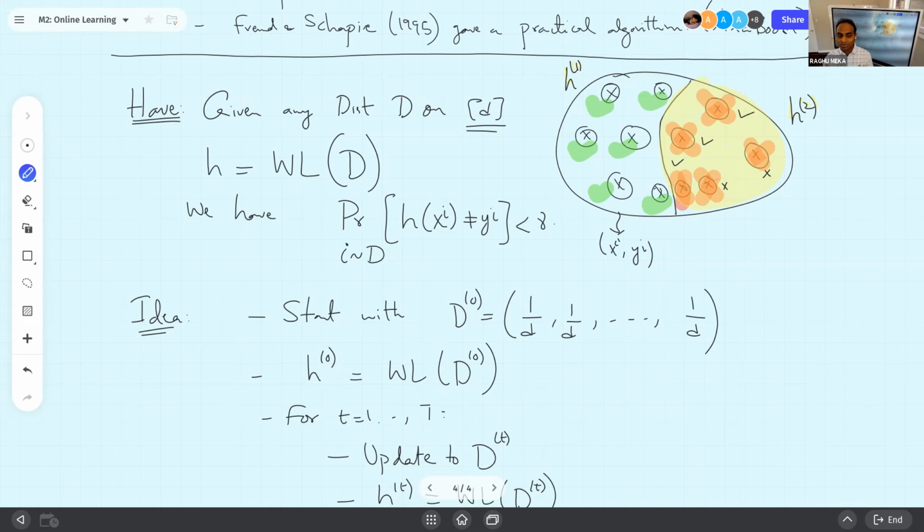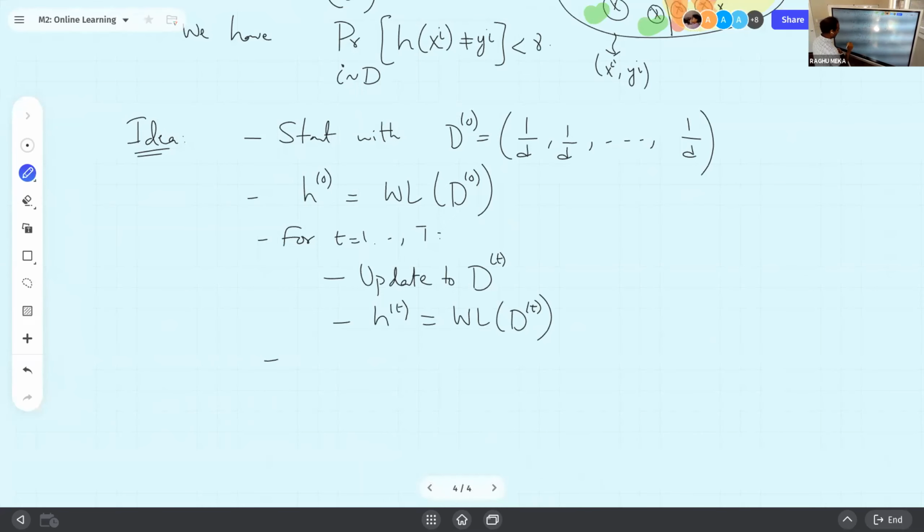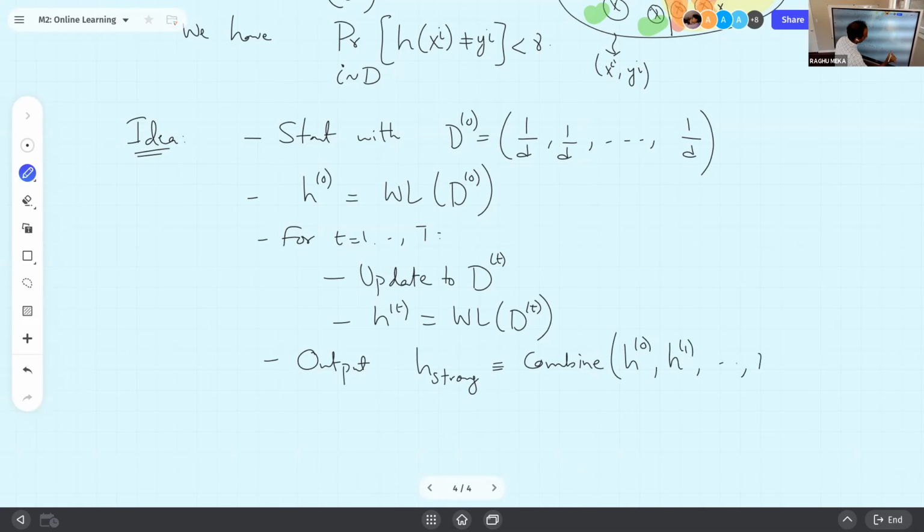So I start with some distribution, I get back a hypothesis, and based on that hypothesis I can update my distribution, and then I compute another hypothesis, and so on. And the final thing I had to do is combine, so let's say we output H strong, which is some way of combining all the weak learned hypotheses that I have reached.